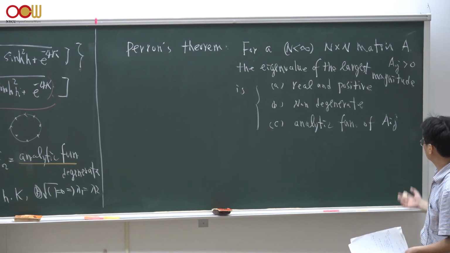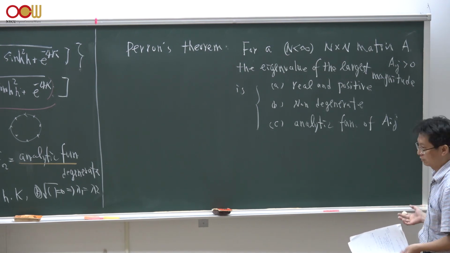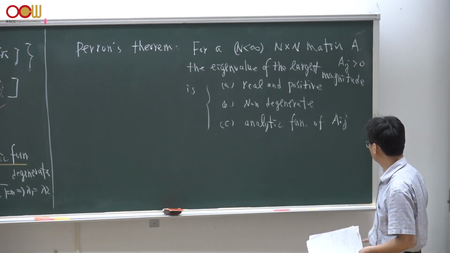Number one, it is real and positive. Number two, it is non-degenerate. And number three, it is an analytic function of A_ij.